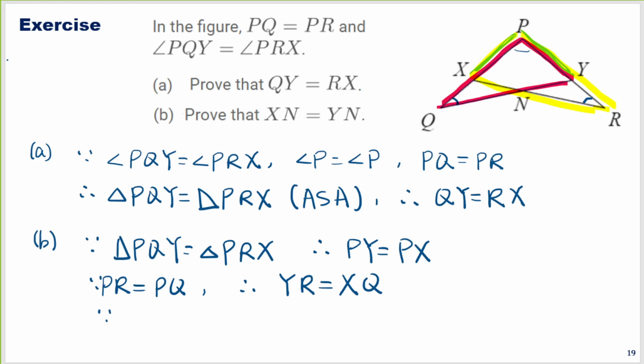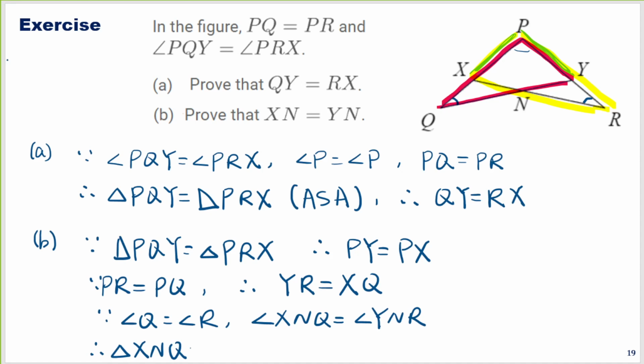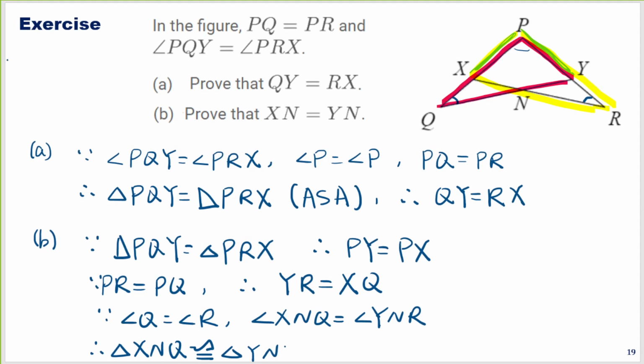And because angle Q equals angle R, and angle XNQ equals angle YNR, we have triangle XNQ congruent with triangle YNR, right? By AAS. Therefore, corresponding parts are also congruent, so XN equals YN, right?